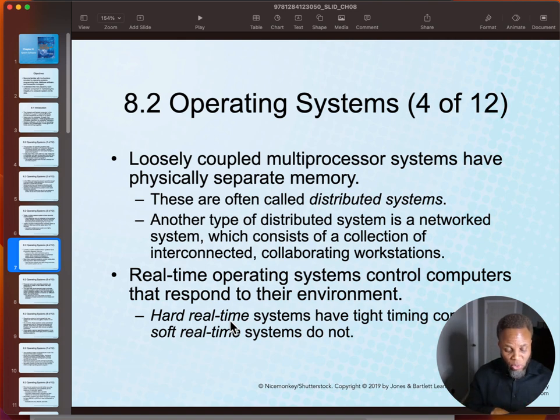Let's say QNX is an example of a real-time operating system. You folks can do research: what type of operating system is run on an airplane, like the Airbus or the Boeing airplane? What is the predominant operating system used to run airplanes? You would see that these are generally real-time operating systems.